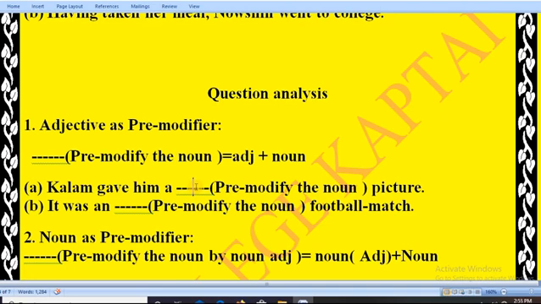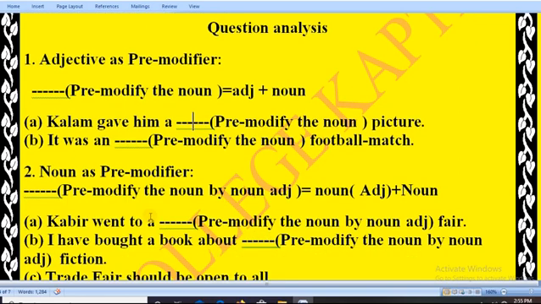Kalam gave him a nice picture, that is also an adjective. Kalam gave him a beautiful picture, a good picture, that is also an adjective. So these types of words are called pre-modifying the noun. Okay, I hope you understood.